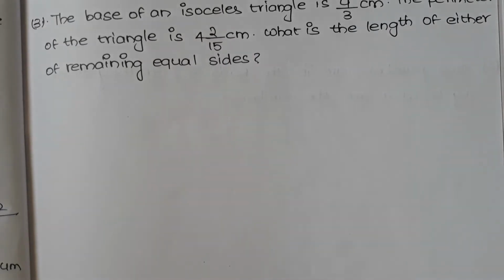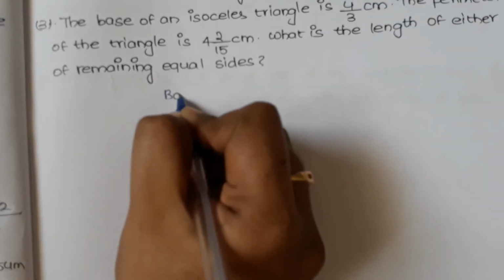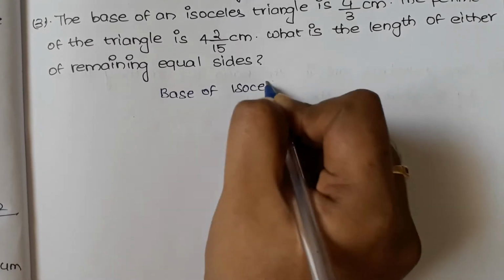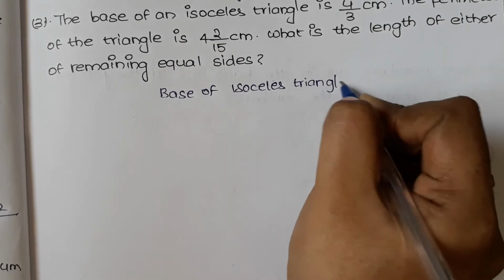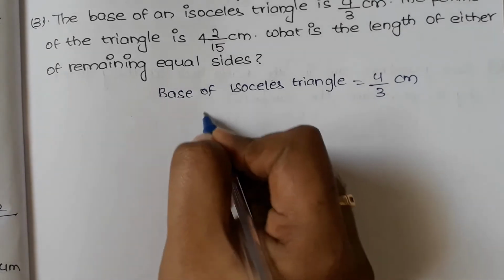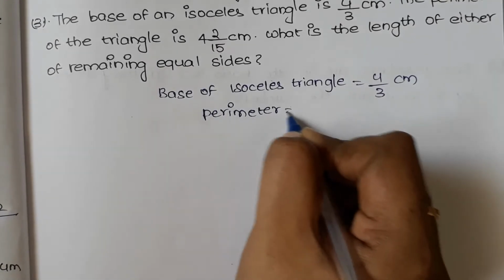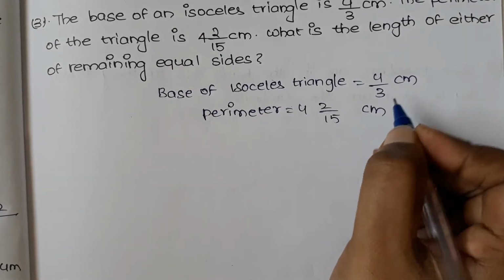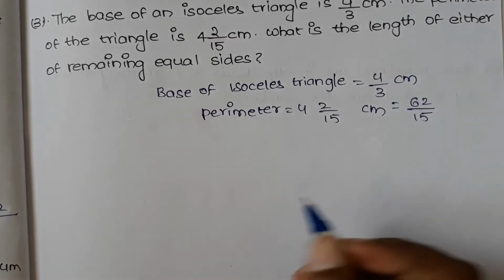Now given the base of isosceles triangle equals to 4 by 3 centimeter, and given perimeter equals to 4 2 by 15 centimeter, that equals to 62 by 15.